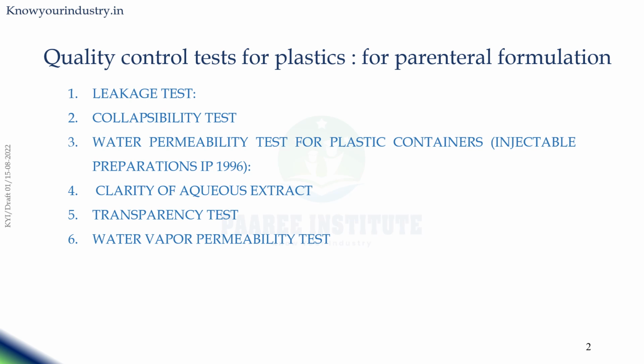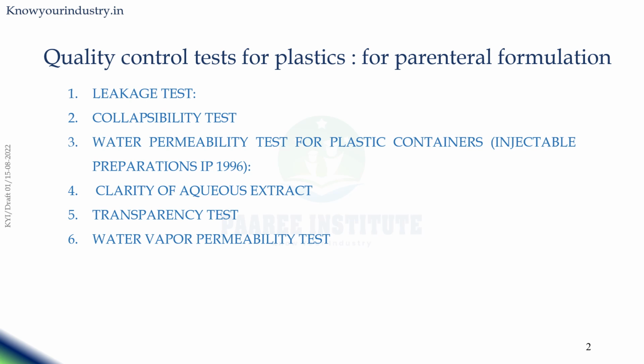And a collapsibility test, where you crush the material and ensure how far the packaging material withstands compression. And a water permeability test for the plastic container, which is referred to in the pharmacopoeias.